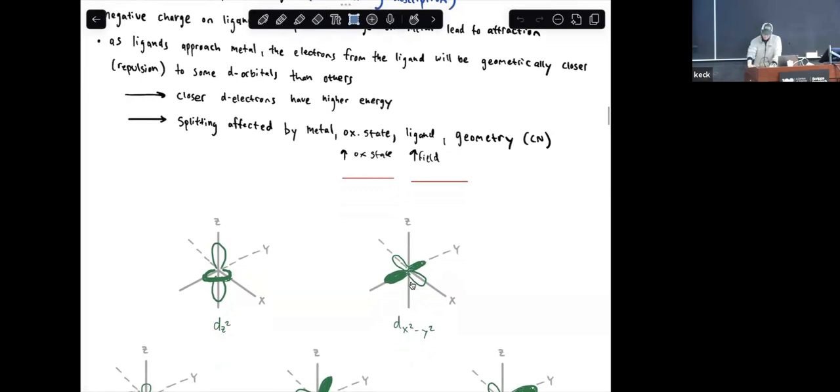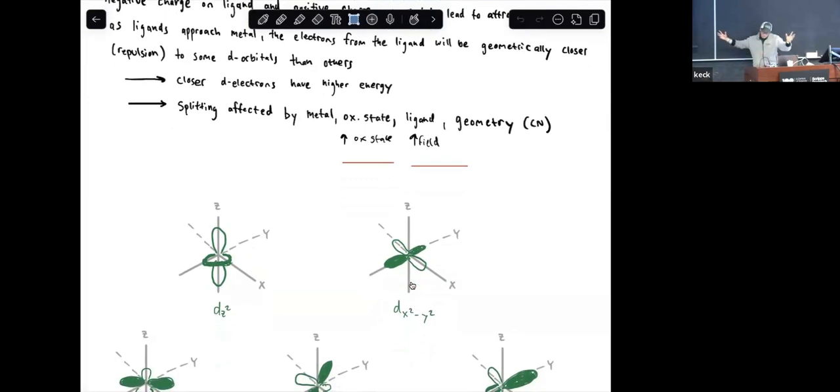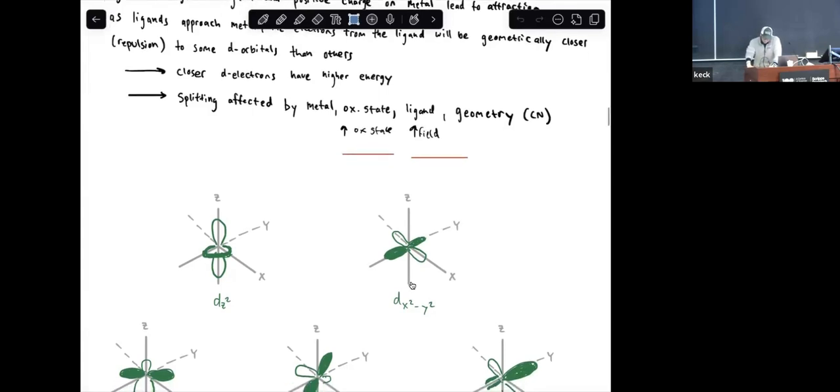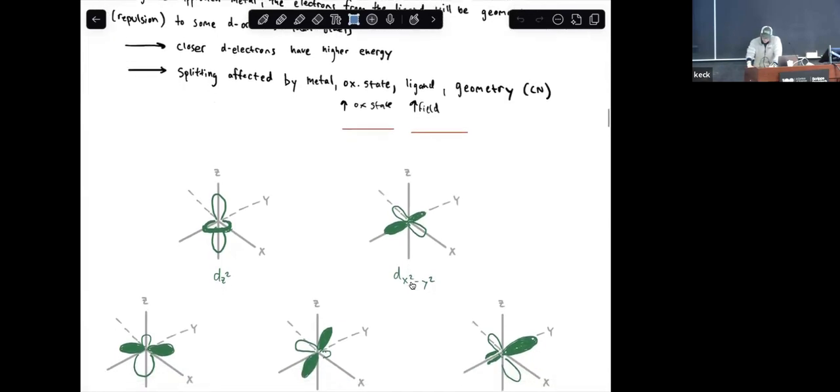And if we imagine these point charges coming towards the metal center, then we can appreciate that what will happen is effectively they will run into the individual d orbitals involved to different extents based on the geometries of these d orbitals, and that will lead to a raising of some d orbital energies more so than others. So those where the running into is most prevalent are pushed to the highest energy levels, and those where the running into is less prevalent are at lower energy levels.